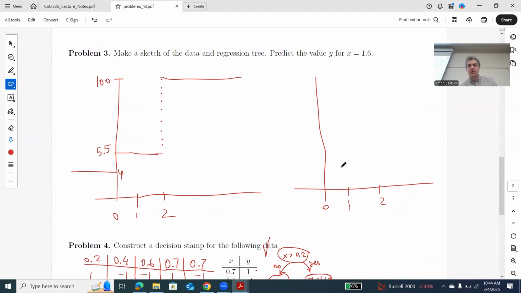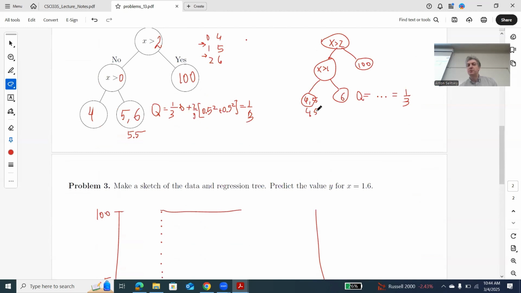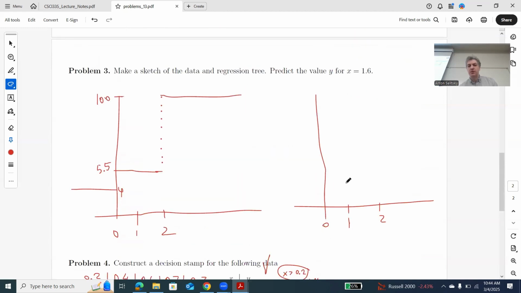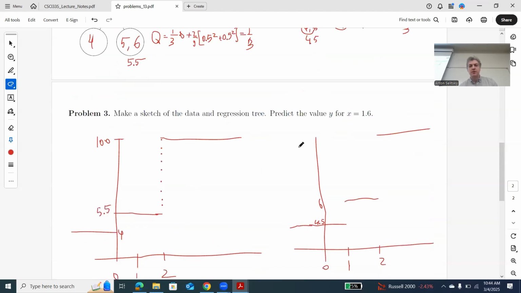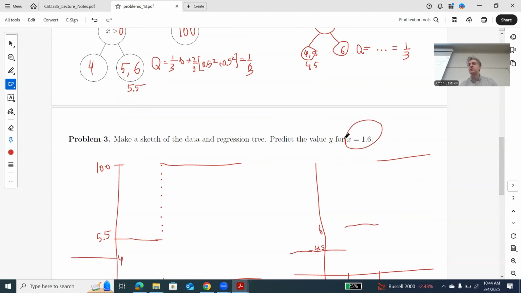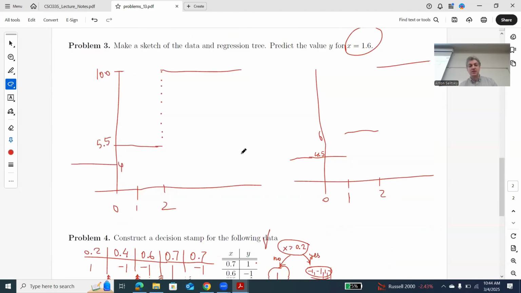For the second tree, we will have 4.5 until 1, and 6 between 1 and 2. And after 2, again, 100. And now you should find the prediction for x 1.6. It's very easy.